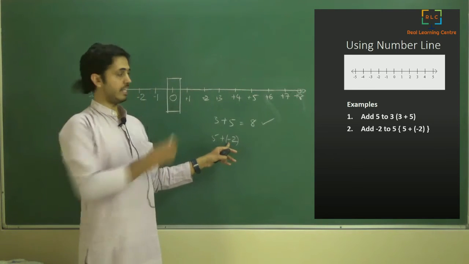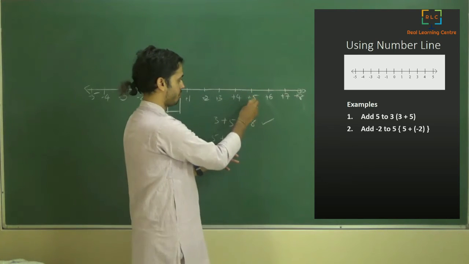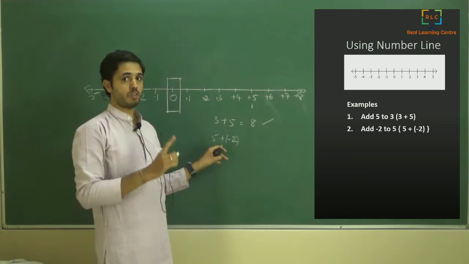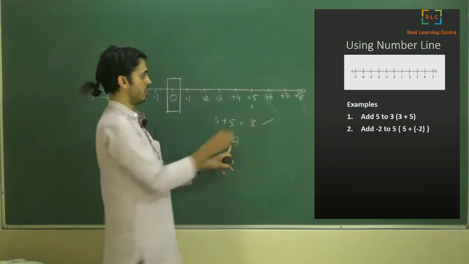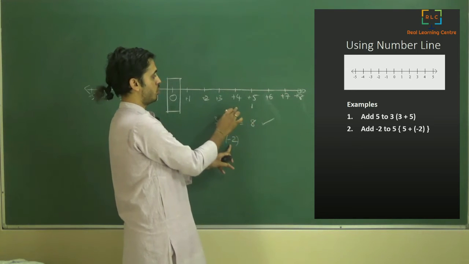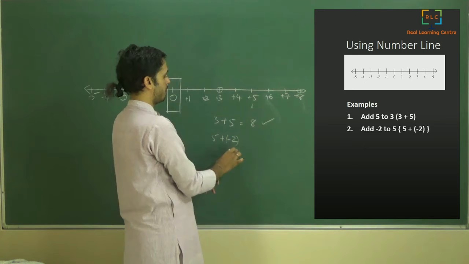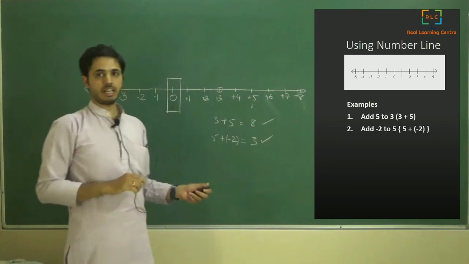Minus indicates move towards the left. So currently I am at 5. Now plus means follow the direction, and the direction is towards my left. From 5, move 2 units left. So 5 plus minus 2 is equal to 3. Now we have completed our second example.